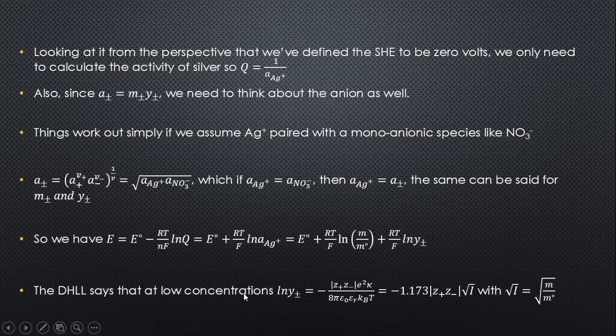The Debye-Huckel limiting law says that at low concentrations, that natural log of activity is going to be equal to this whole equation, which we calculated, 1.7173 times the cation charge times the anion charge times the square root of I, and I would be the molality, essentially.